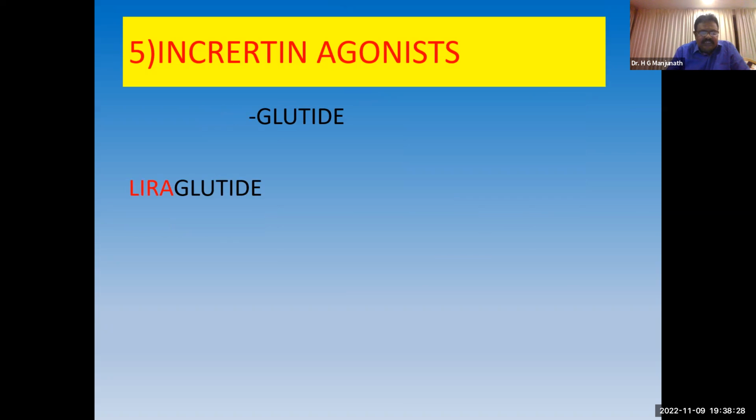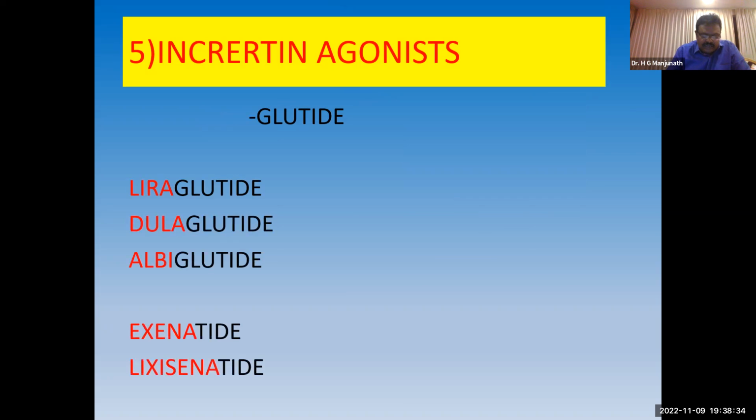We have liraglutide, dulaglutide, and albiglutide. But we have a few other drugs in this category with different suffixes, like exenatide and lixisenatide. The suffix is tide instead of glutide. These two drugs are derived from non-human peptides, so they have a different suffix.